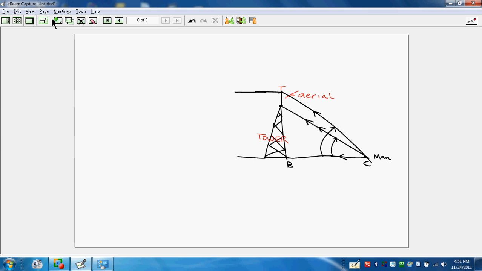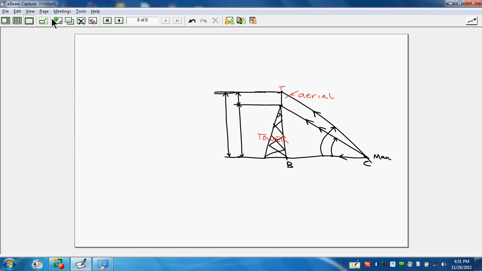Find the height of the aerial. So they want us to find this height here, the height of the aerial. How are we going to do that? This is the height of the tower. And this here is the total or combined height of the two of them.